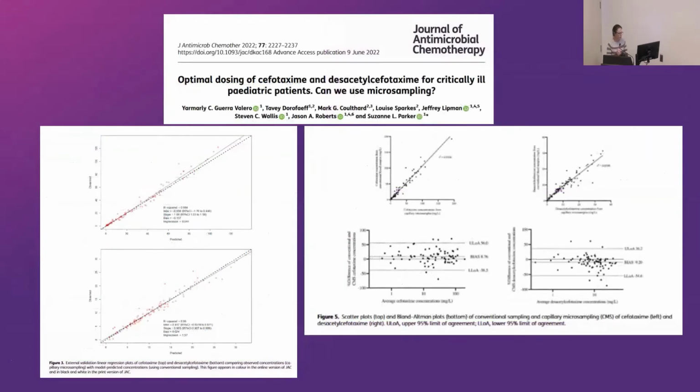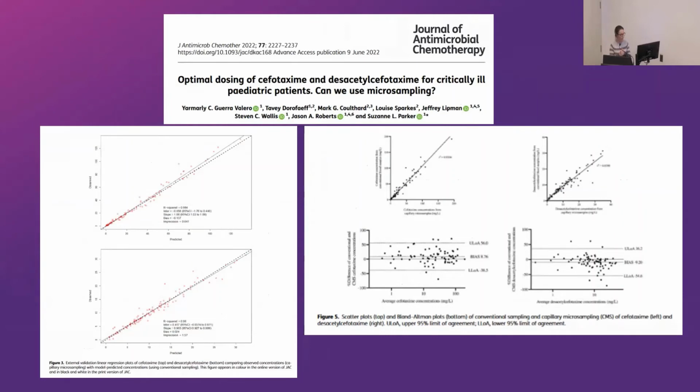And this is a study that we've just recently published on cefotaxime in critically ill paediatric patients. And like the last study, we moved our analysis into a pharmacokinetic model. And so what we did was we used our conventional plasma samples to derive the model, and then we performed an external validation using capillary microsampling data.